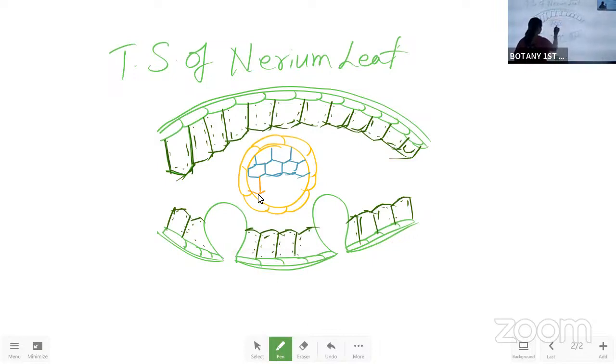Next comes the phloem. It is also hexagonal and placed without intercellular spaces. Gaps should not be there between the cells. If gaps are there, they won't be properly arranged and they cannot give good support. So this is mandatory here.